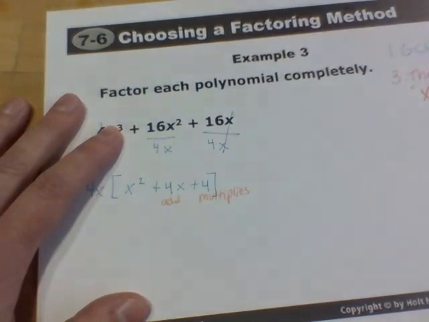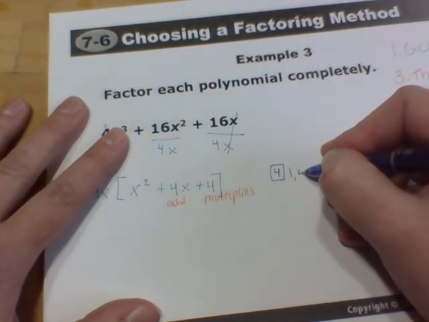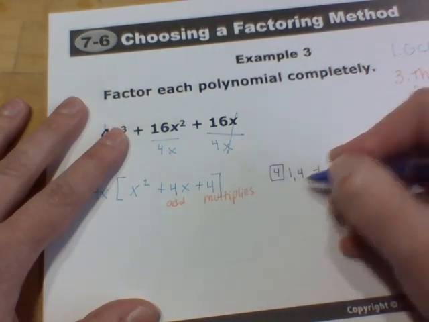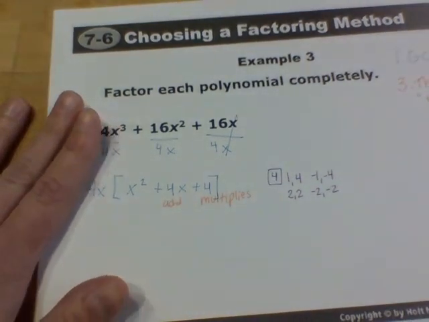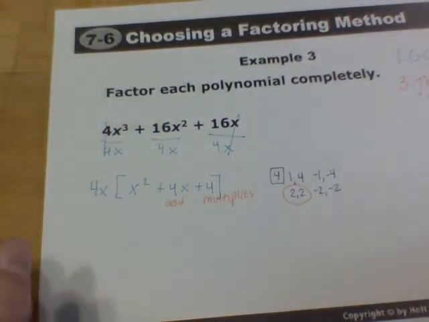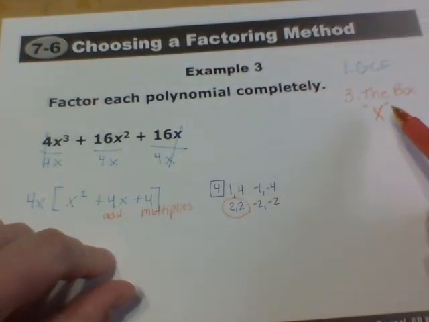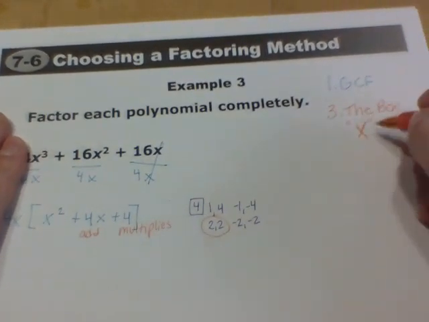So if we think of the multiples of 4, we have 1 and 4, -1 and -4, 2 and 2, and -2 and -2. And we want the ones that add to be +4. So that's 2 and 2. And remember that for this one, you don't need more of the box. You just need that x method.